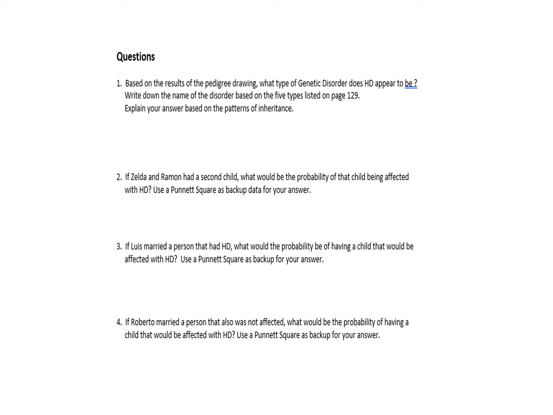And the way you would do that is just go back a generation. So if you know that, for example, I can't remember, but if Zelda's afflicted, in order to know if she's homozygous with the affliction or heterozygous, you'd have to go back to the parents.